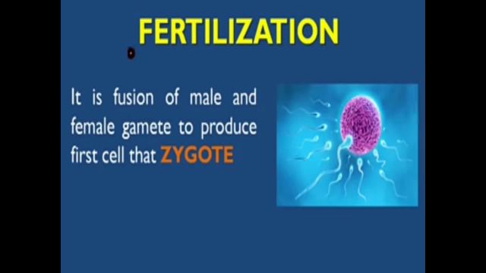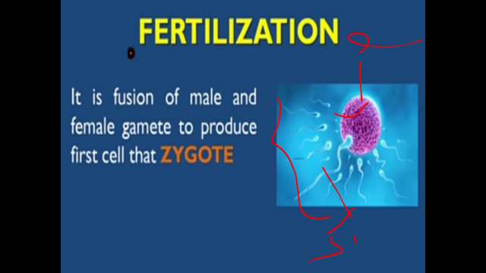Then fertilization. Fertilization is the fusion of male and female gametes to produce the first cell, that is the zygote. As you saw, the male gamete is the sperm, this blue colored one, and the female gamete is the egg.